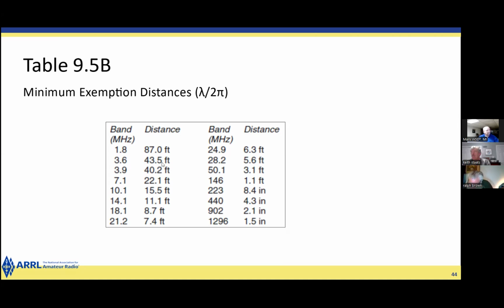These are all quite doable without any problems. Again, remember, these are from the antenna, so your antenna is up in the air. 80 meters, 43.5 feet.